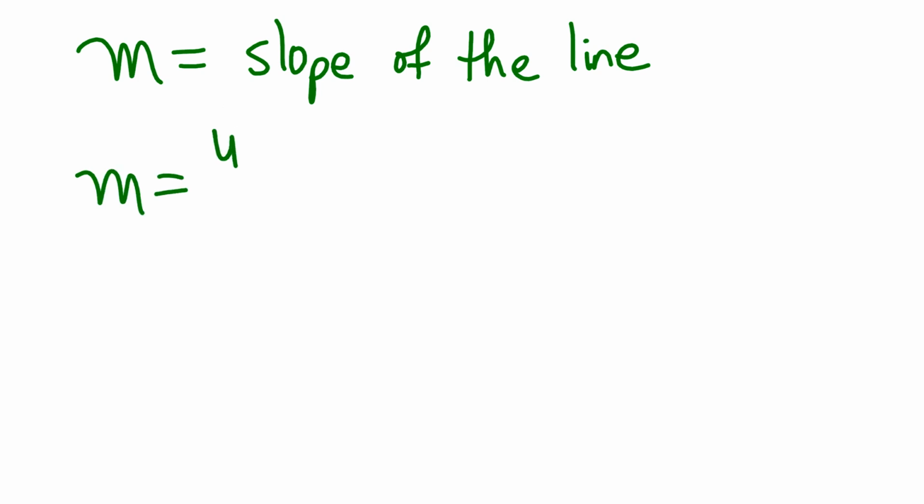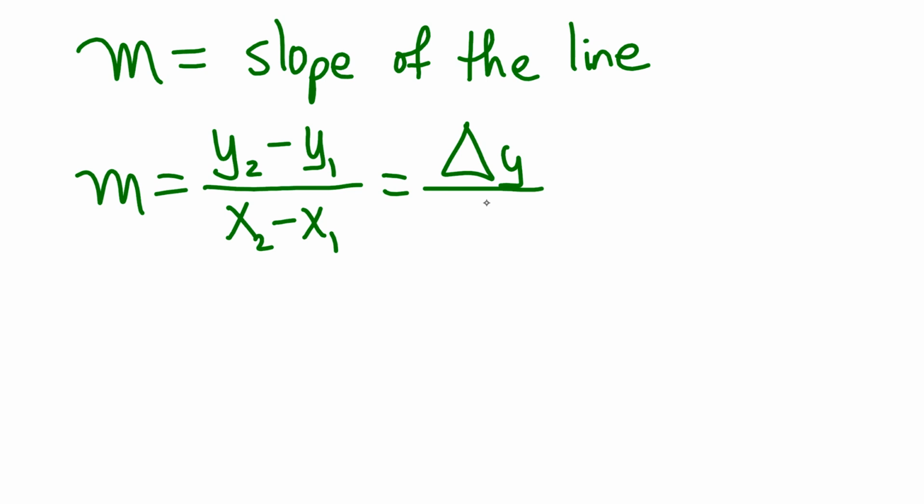Slope by formula is a second y value minus a first y value over a second x value minus a first x value. Some of you may have seen slope written as a change in y over a change in x. Some of you may have seen slope written as a rise over a run.